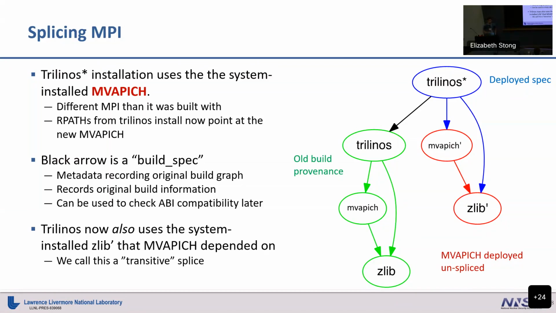And we call that a transitive splice because we get the transitive dependencies through the newly spliced in package. And so in this example, here's the deployed spec, circled in black or purple. And that's what's on disk. And the rest of it may or may not be on disk, but at least we have the recording of how it was built. We could reproduce it if we need to debug something. We haven't lost information.